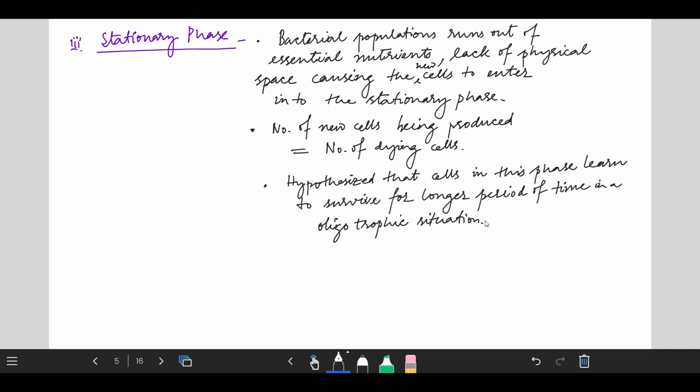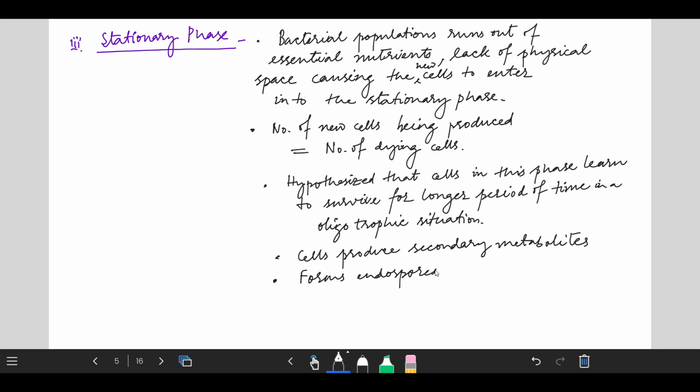Oligotrophic situations mean a low environment where nutrition will be low, the temperature, pH, everything will be low, and waste products will be more. During this phase, cells are prone to produce secondary metabolites. So in this phase, cells produce their secondary metabolites and also form endospores.